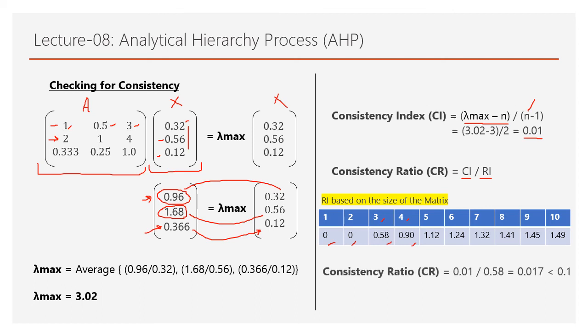So I just divide my CI, which is 0.01, over RI, which is 0.58, to get 0.017, which is less than 0.1, meaning that my results are consistent and therefore my judgment is trustworthy. So we have sufficient consistency to make our decision.